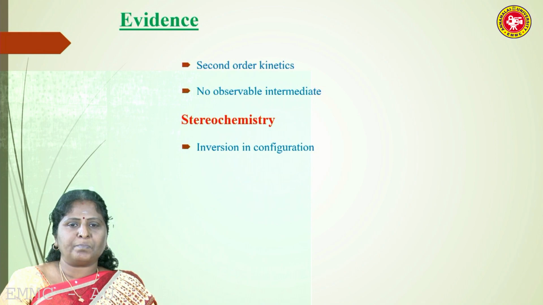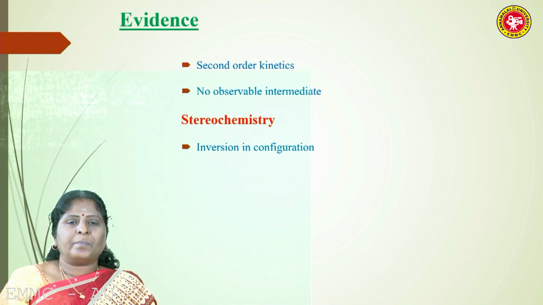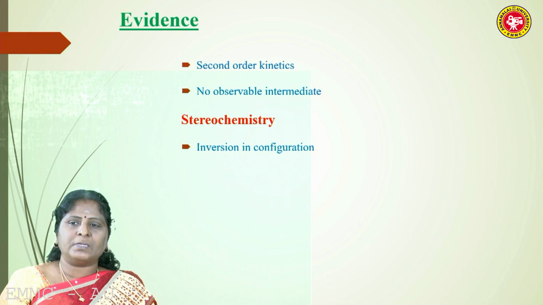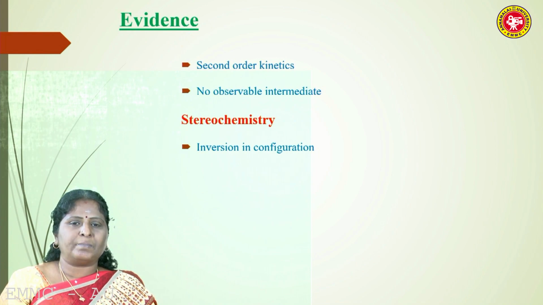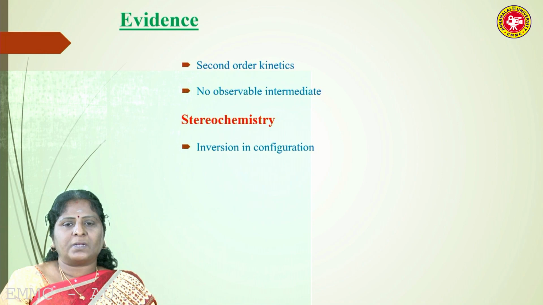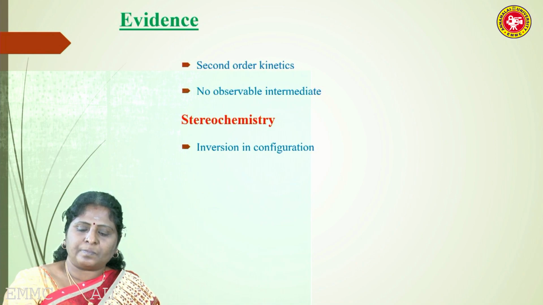Rate of the reaction purely depends on the concentration of the substrate as well as the attacking species. Another important evidence is that there is no isolable intermediate, that means observable intermediate, only a hypothetical transition state is expected. And the stereochemistry of the reaction, as we have discussed in the previous slide, is inversion in configuration, that means the compound will definitely have opposite configuration from the starting material.